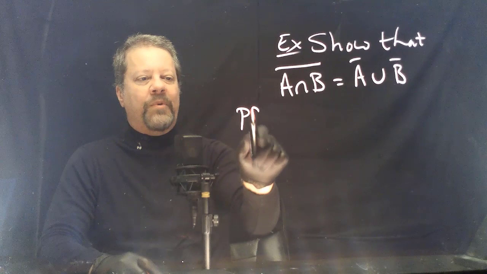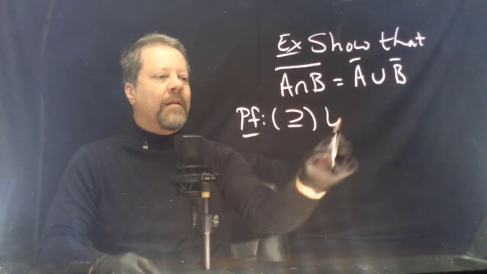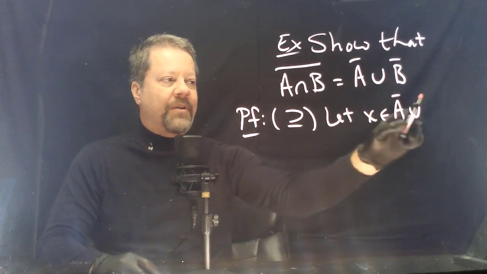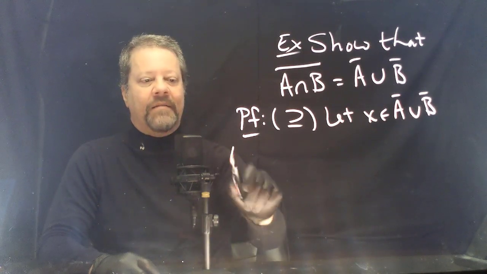So for our proof going the other way, we'll let X lie in A complement union B complement. And what does that mean?